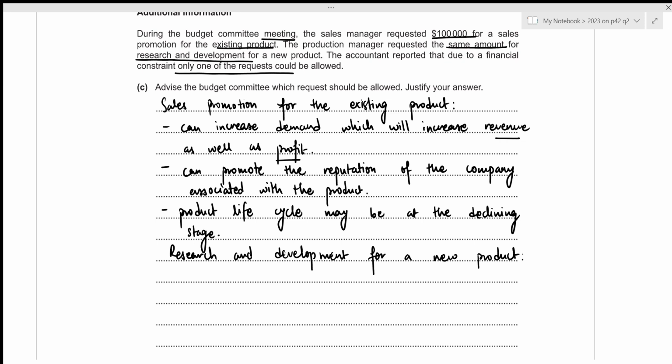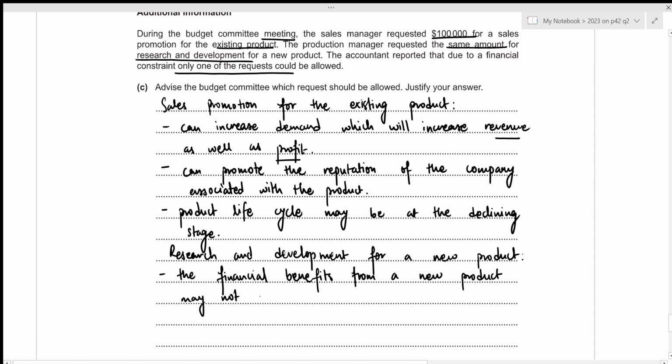So we have to invest first, and we have to wait for a couple of years in order to make any profit from this new product. Let's write it down. The financial benefits from a new product may not be realized for a period of time.